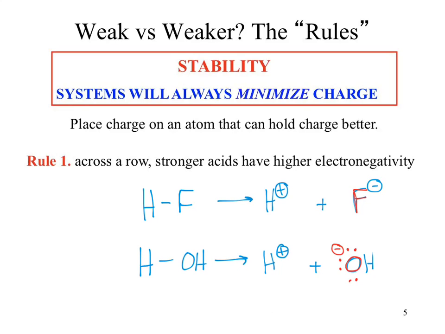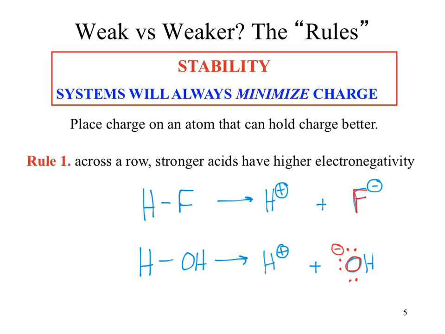Fluoride takes the bonding electrons away from our hydrogen more easily than the oxygen, which means this fluoride is going to hold those bonding electrons better than the oxygen, which means what happens with the reverse reaction? Happens less frequently, which then means HF ends up being the stronger acid in that pair. Okay, kind of get the relationship there?